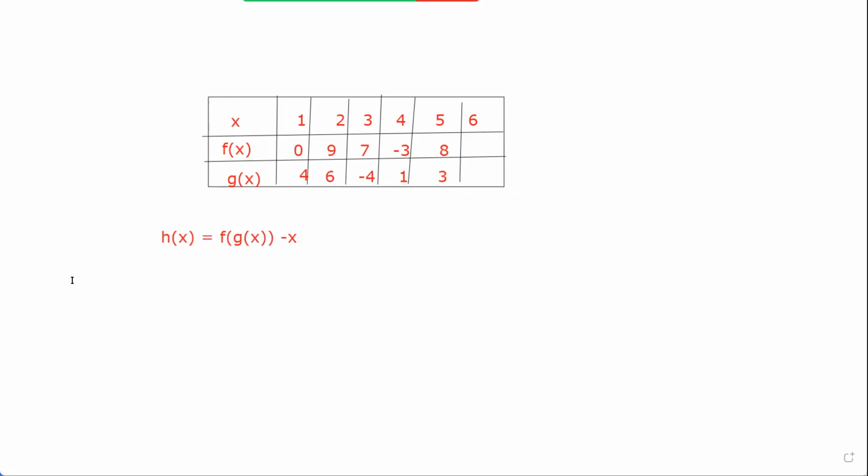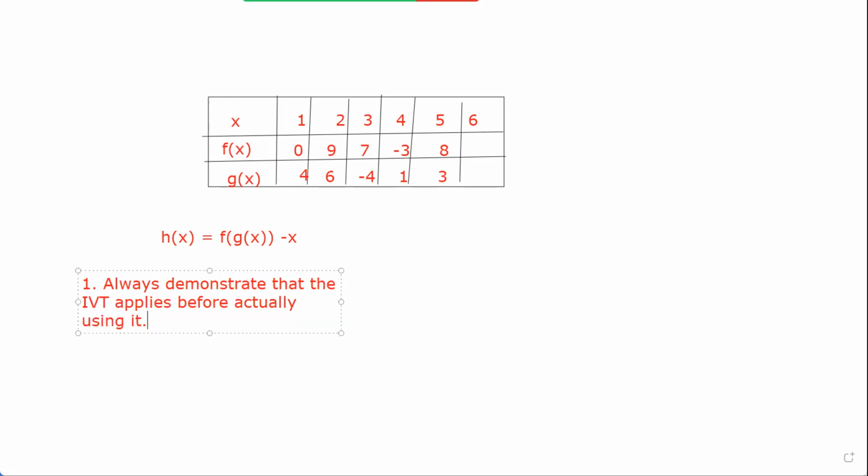So the first step, as I said, is to always demonstrate that the IVT applies before actually using it. Okay. Now, there are 2 conditions.